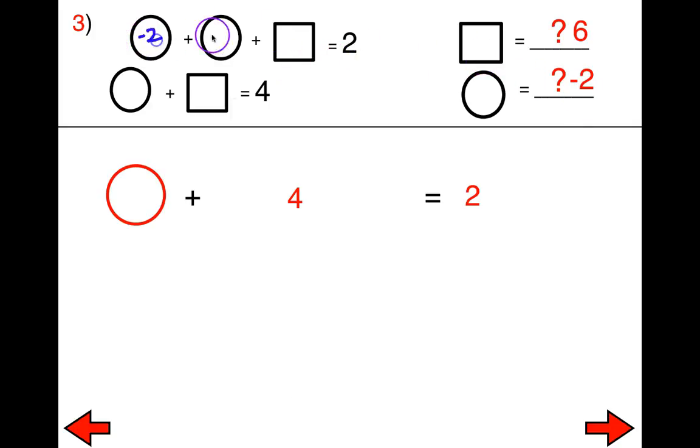Does -2 plus -2 plus 6 equal 4? Well, that's -4 plus 6, which is 2, so that works. Here, does -2 plus 6 equal 4? Check, so I'm pretty confident that my solution is correct, that a square is 6 and a circle is -2.